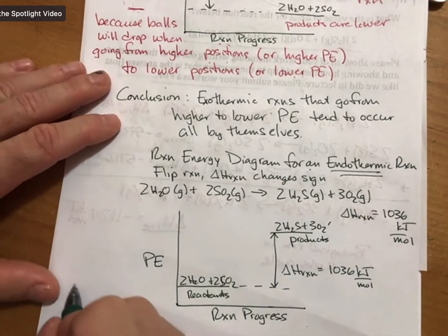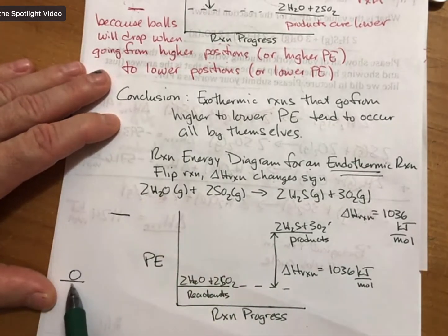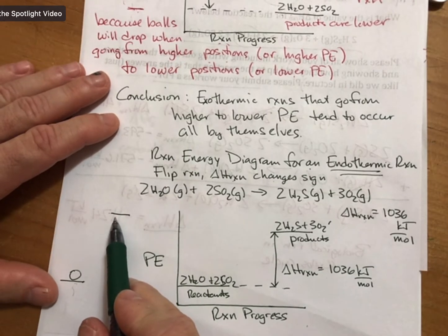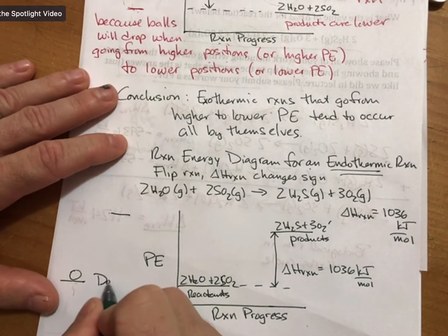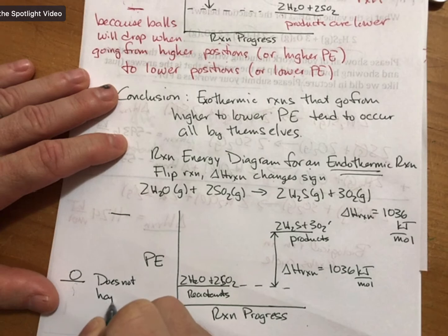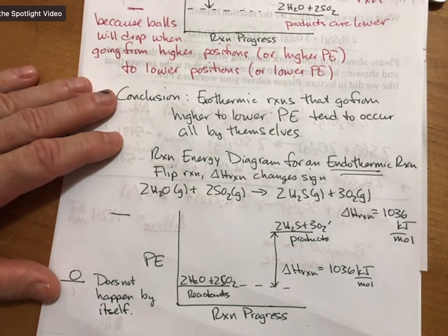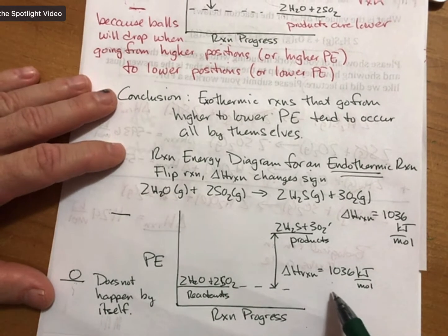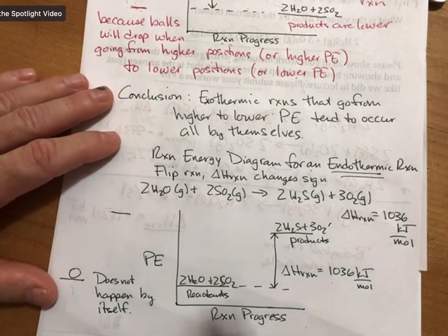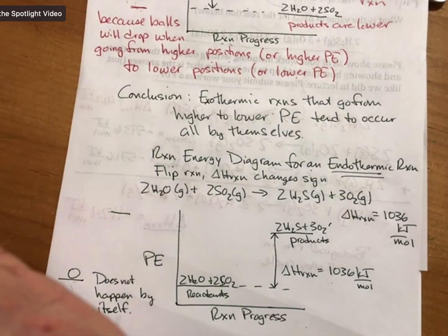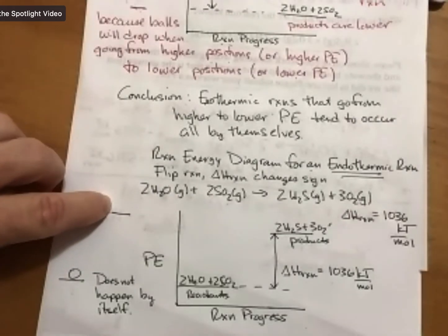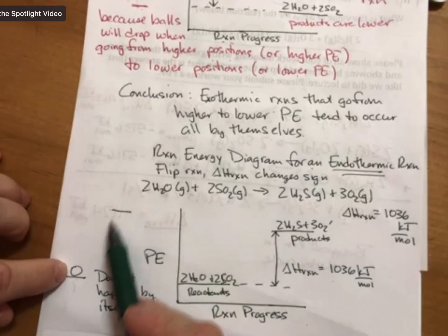Second, if I had a ball that was down here and I wanted to put it up on a shelf, this does not happen by itself. If I want this to happen, I have to put energy in. That's exactly what happens. I could use my hand to lift the ball up to the top, which would be putting energy into it, specifically potential energy, because I would be raising its height.